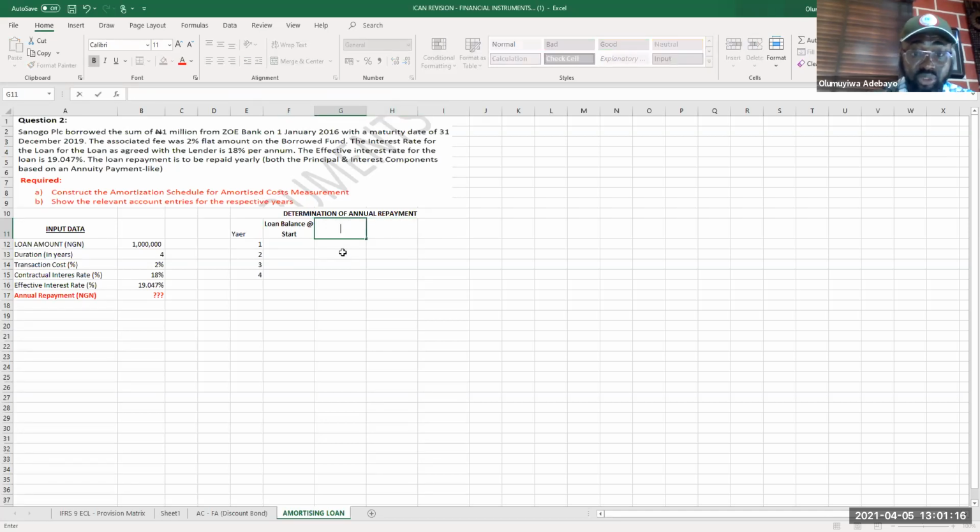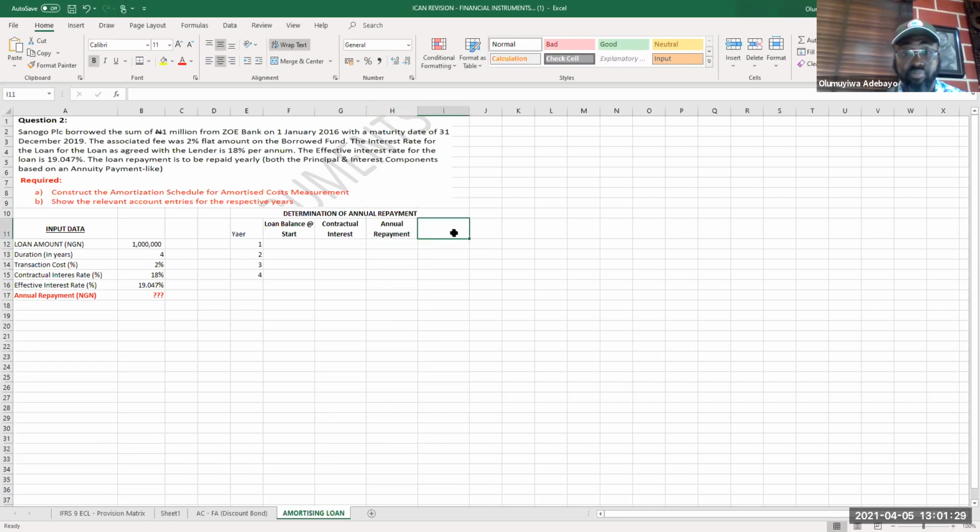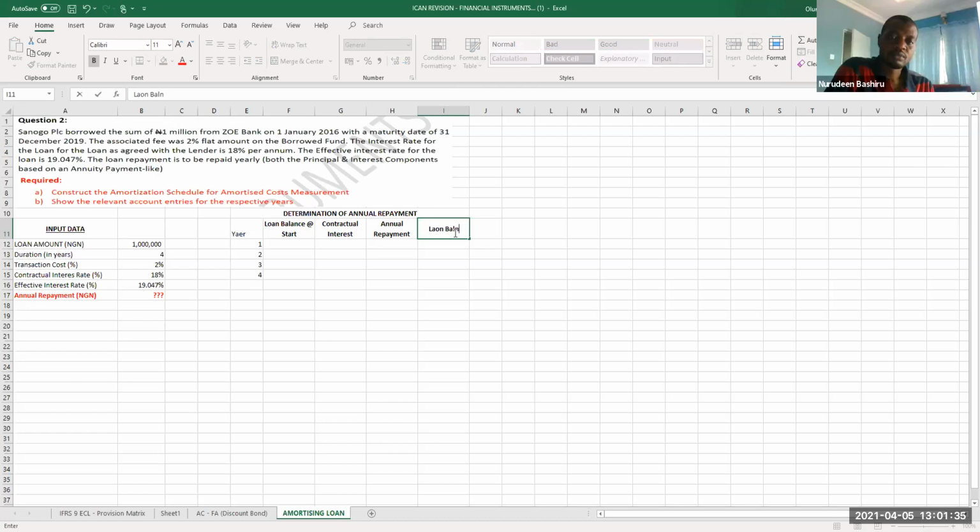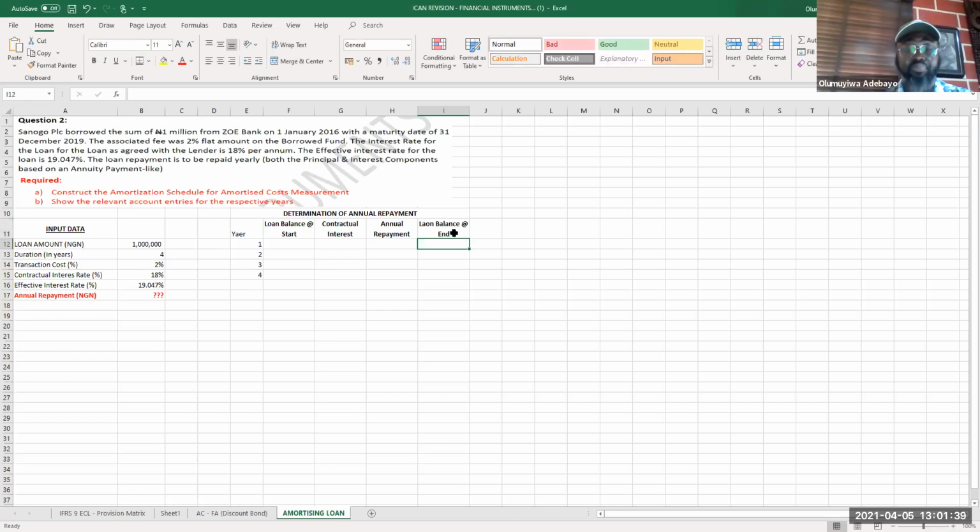They give you contractual interest, they give you annual repayments, and they give you the balance at year end.